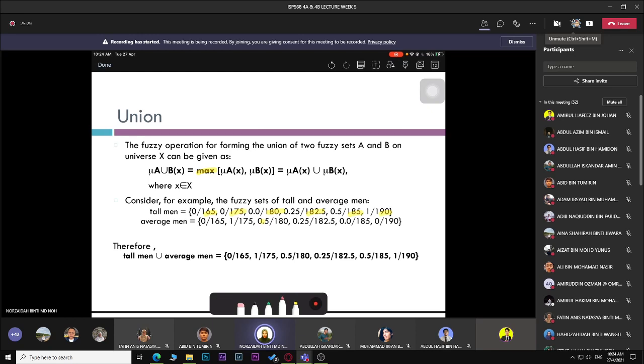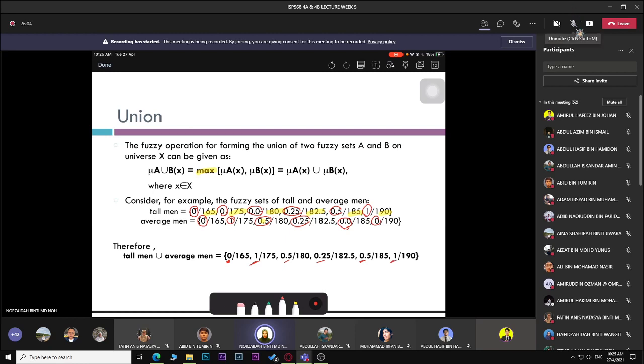Looking at the degree of membership, for 165, 0 and 0, we take 0, because the maximum of 0 and 0 is 0. Maximum of 0 and 1, we take 1. For 180, maximum of 0.5 and 0, we take 0.5. Then maximum of 0.25 and 0.25, we take 0.25. Maximum of 0.5 and 0, we take 0.5. And lastly, maximum of 1 and 0, we take 1.